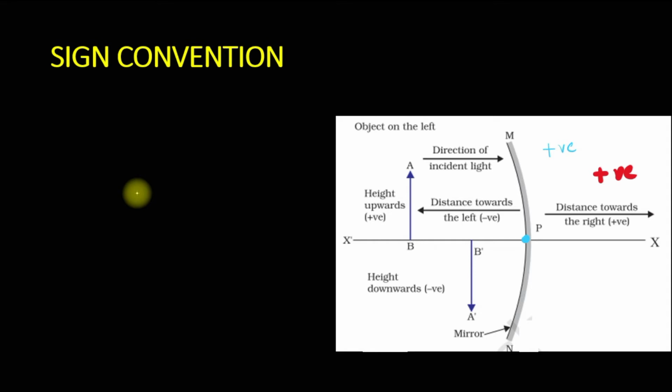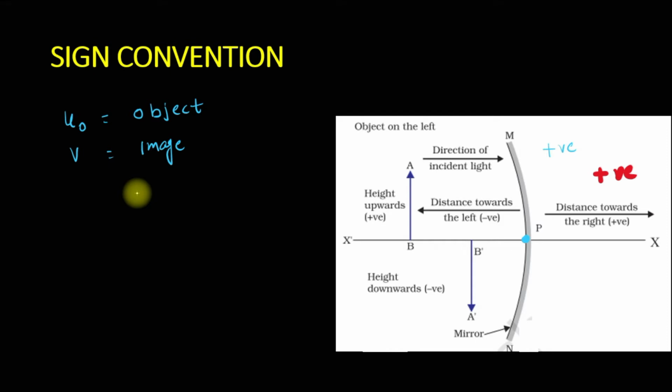Now what are the different quantities? First of all we have u, that is the object distance. So whenever an object is placed to the left of the pole, it is always negative. So u is the object distance. v is the image distance, where the image is formed, either to the right of the mirror or to the left of the mirror.